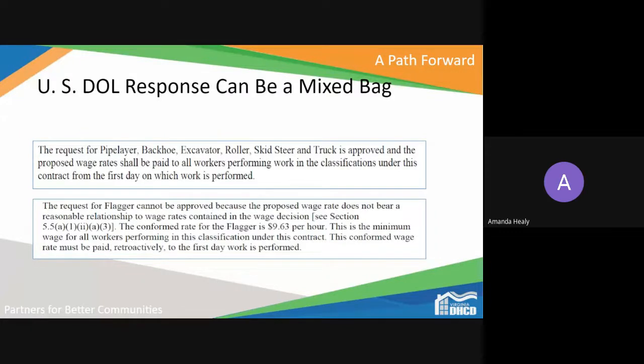And generally speaking, DOL does not approve any proposed wage rate that is less than a common laborer, because that's sort of as low as you get on the totem pole for all the different workers on your project site, because it doesn't really require any expertise to be a common laborer. So everything above that, they assume requires some kind of expertise, so it can't be lower. Next, please.